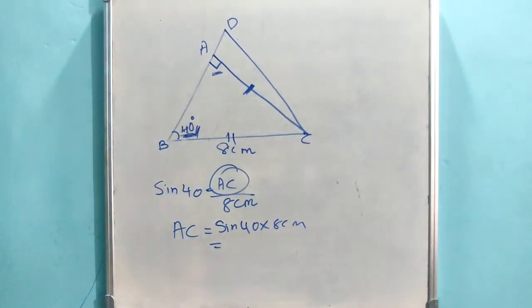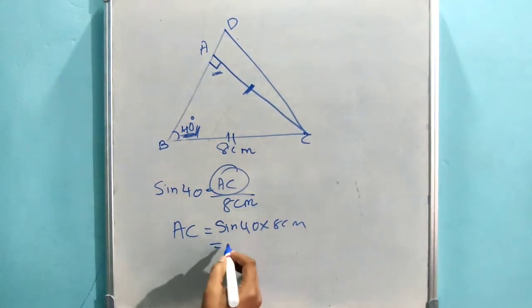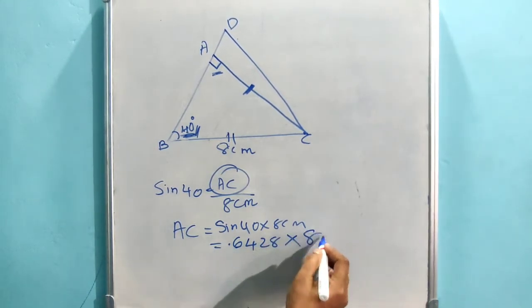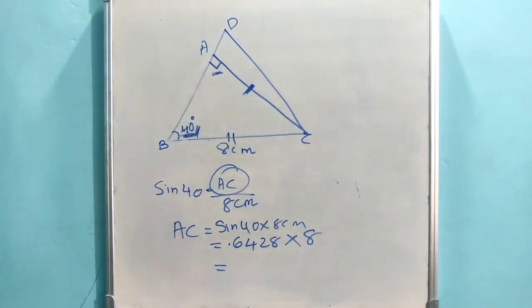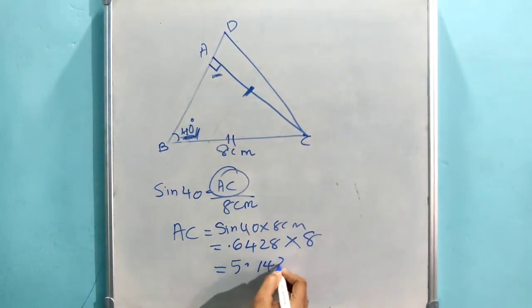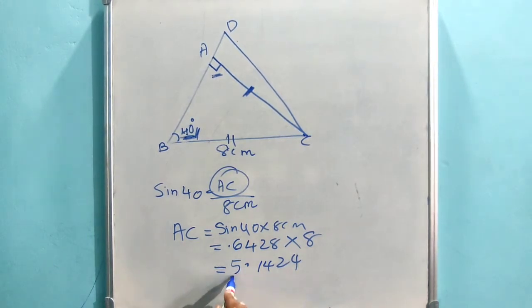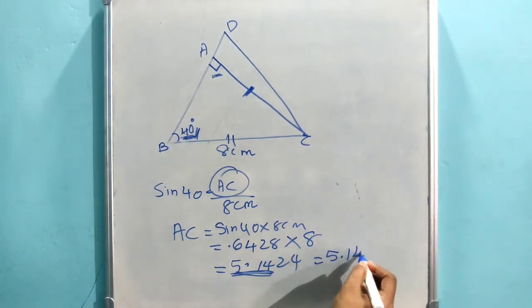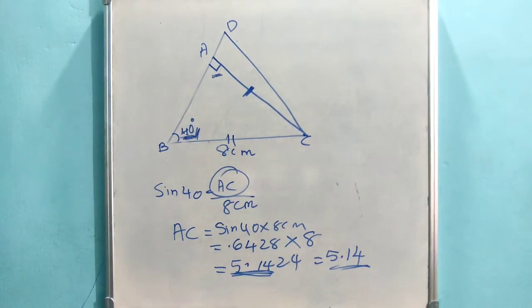The value of sine 40 is 0.6428. So 0.6428 into 8 is equal to 5.1424. Corrected to two decimal places, we can take this length as 5.14 centimeter. So that is the minimum length of the side opposite to this angle.